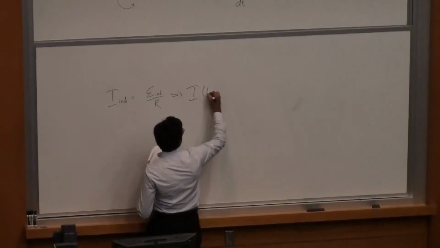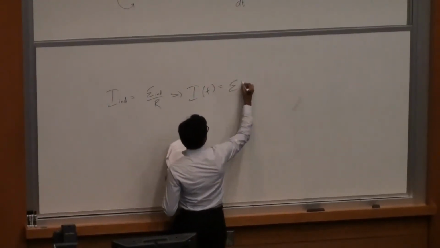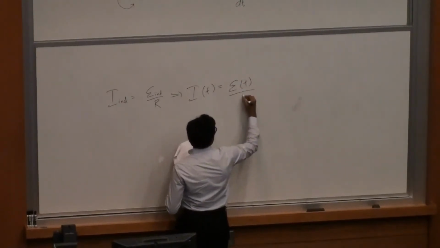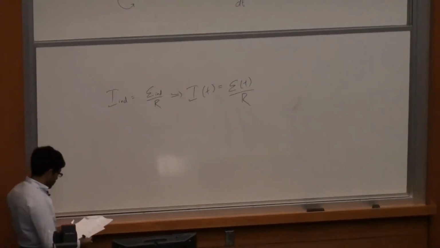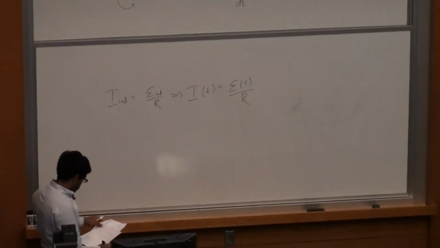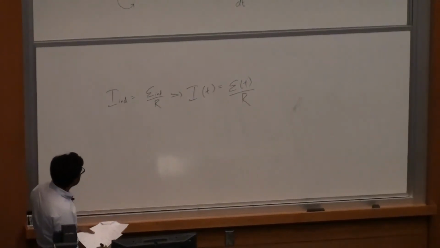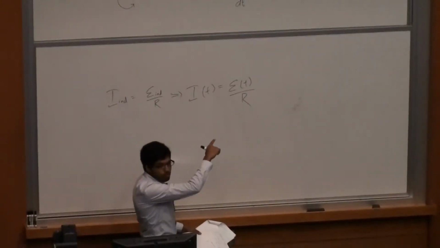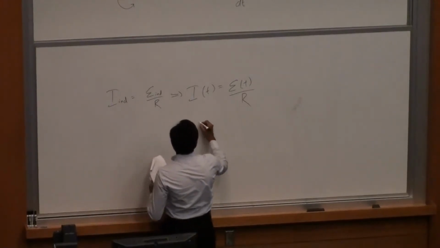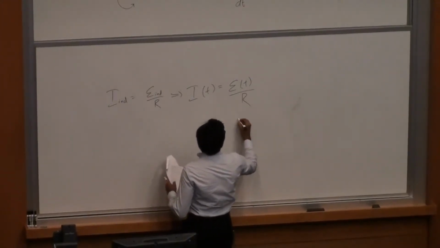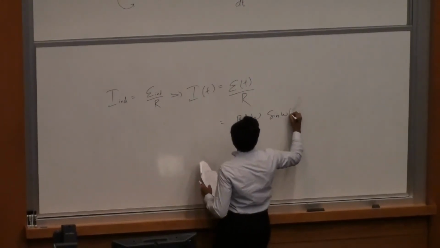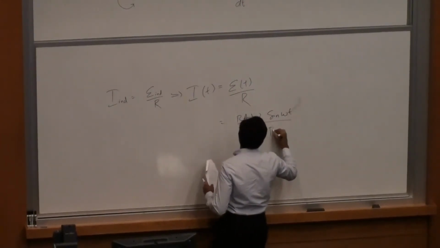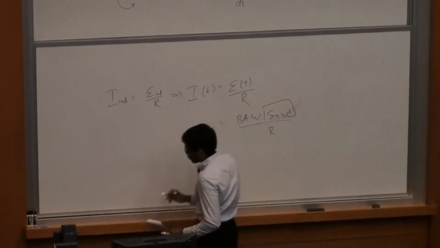So I have something like I of t is equal to epsilon t over resistance. So my current is a function of time. My EMF is a function of time. So the current, when I rotate that, is going to be a sinusoidal function, right? So this is going to be BA omega sine omega t over some resistance. So I have this sinusoidal function there.